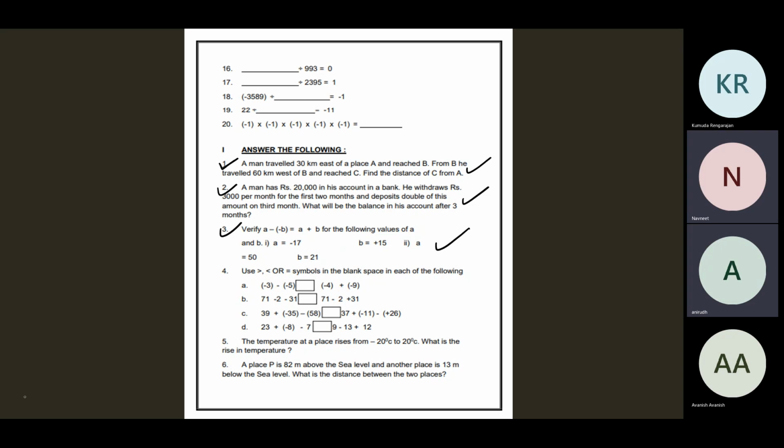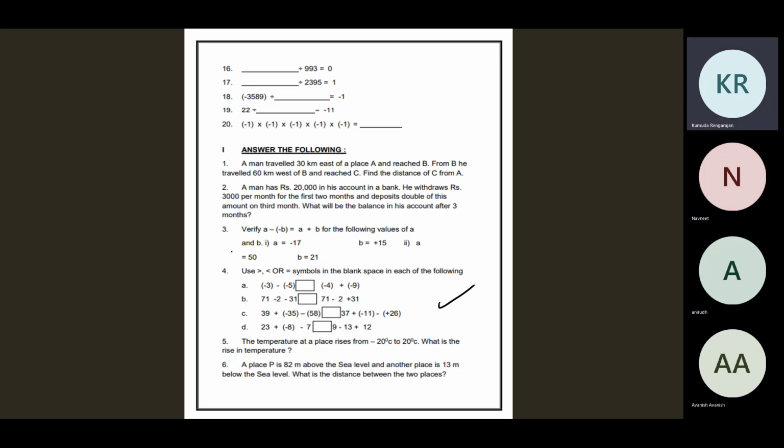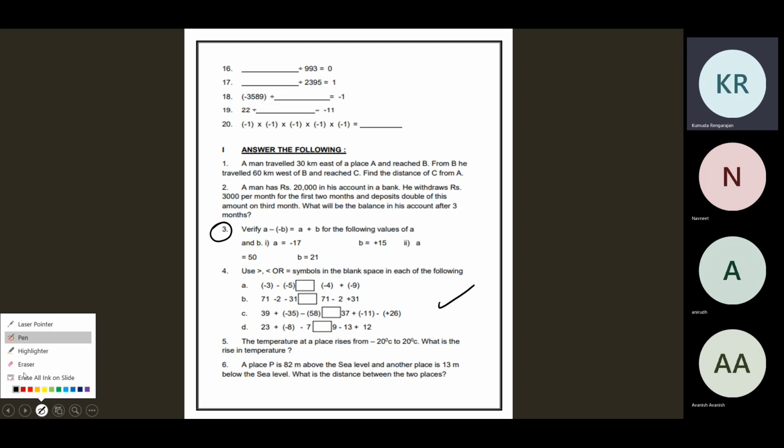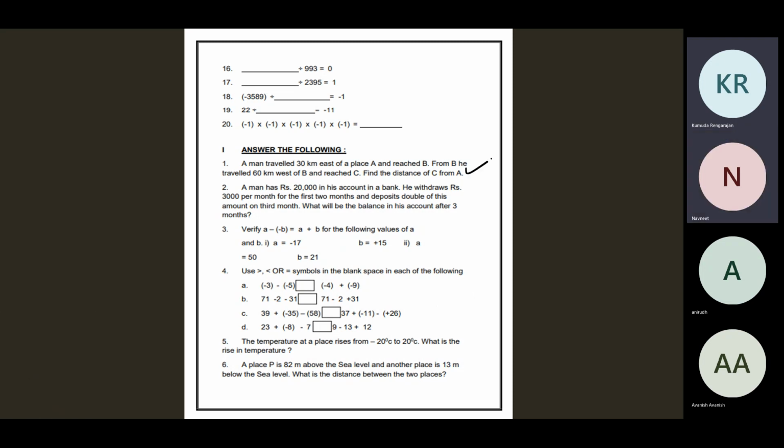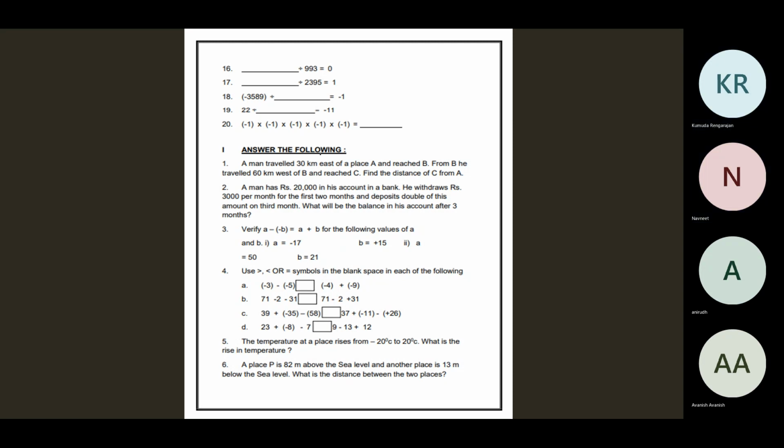Ma'am, doubt. 4? Ma'am, I completed till 6, but I didn't complete the third one. Doubt, ma'am. Okay, fine. So you finished all the 6 except the third one. Very good. What about Navneet? Ma'am, I finished till what Avanish finished. The third one I'm about to do. Okay, fine.